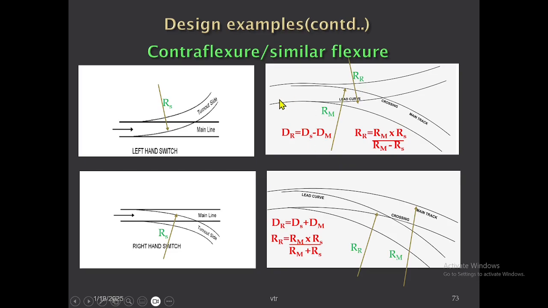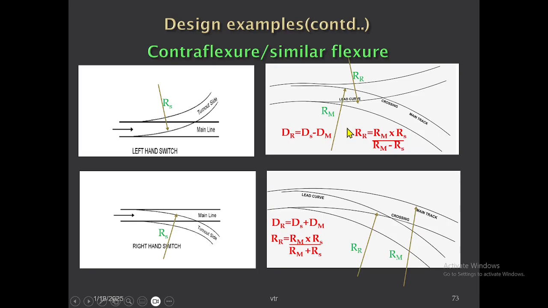Suppose in this 1 in 8 turnout there is 8 degree curvature, and the degree of the main is 3 degree. What will happen? 8 minus 3 will become 5 degree. It will be flattened, because of the 3 degree curvature given to the main line, it will become flatter, 3 degree will be reduced. So finally the resultant degree of the turnout will be 5 degree.